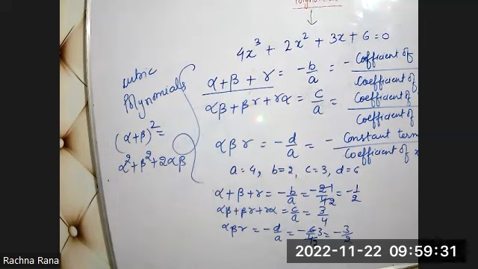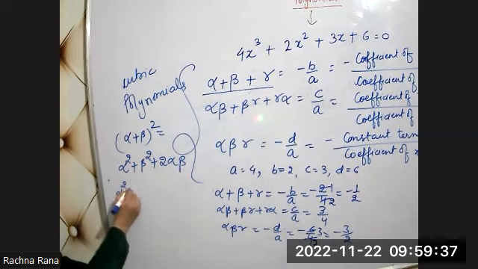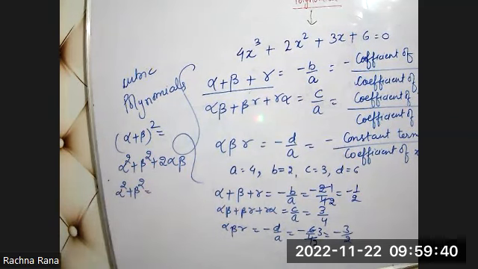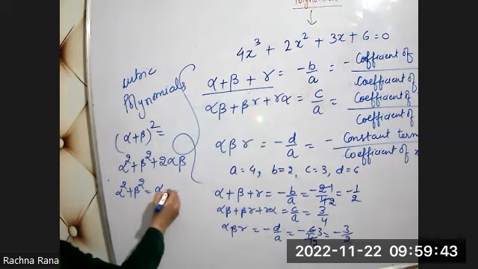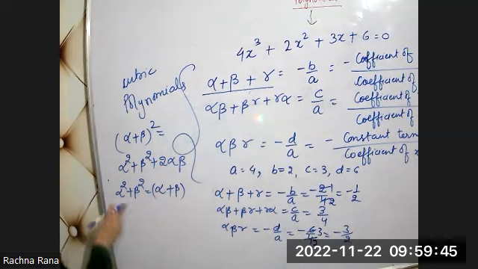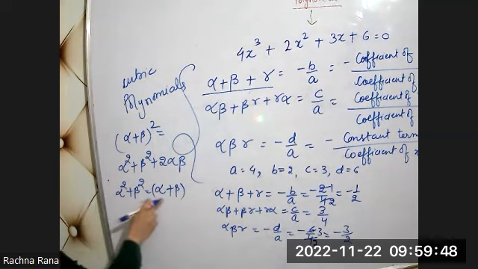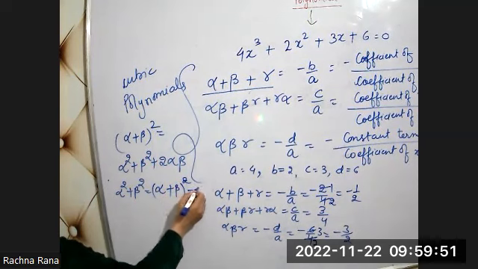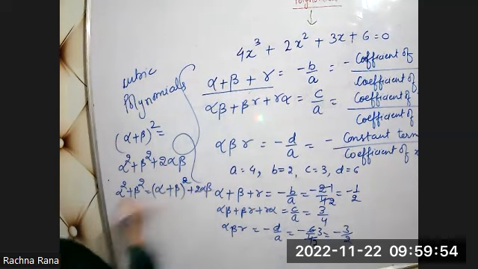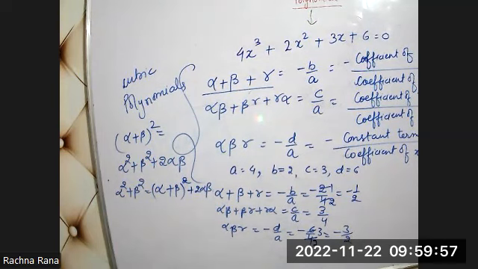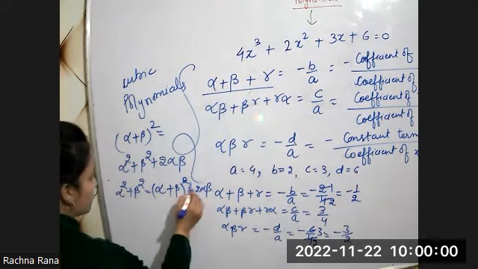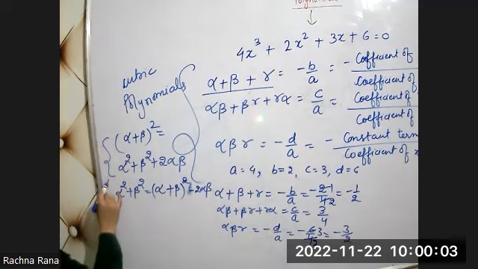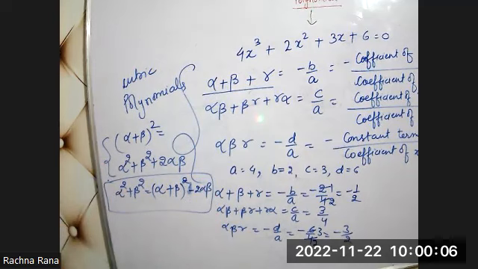And if we have given alpha square plus beta square and we have to find out its value, then we can put it like this: alpha square plus beta square is equal to alpha plus beta whole square minus 2 alpha beta. This formula is converted into this form. According to requirement, we have to change the formula.